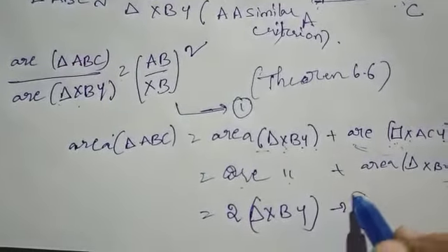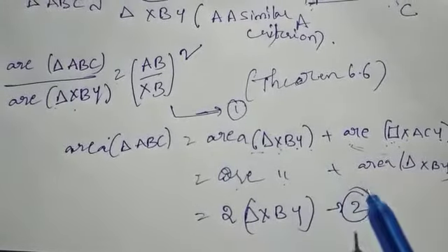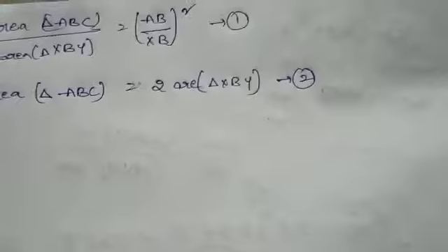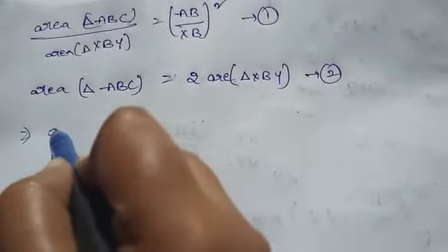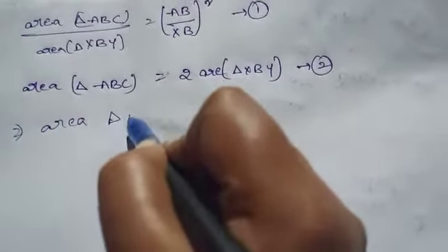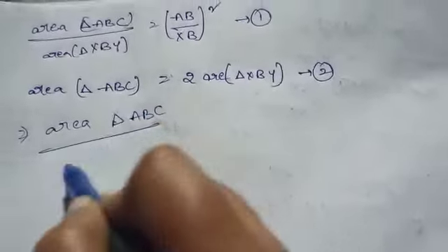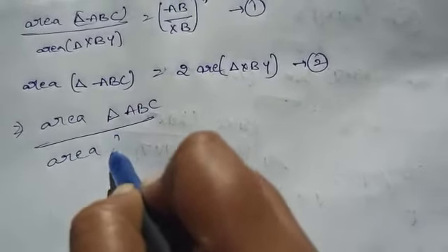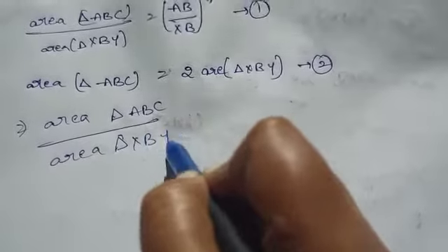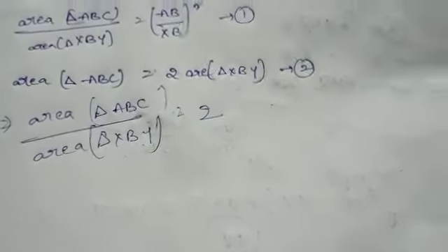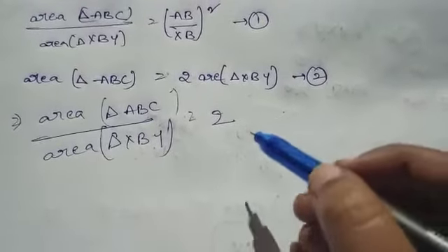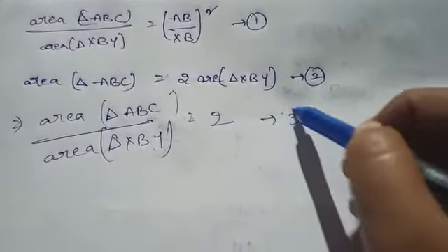This is equation 2. From 1 and 2, see this equation, write it as area of triangle ABC by area of triangle XBY, which is equal to 2. Okay. This is equation 3.